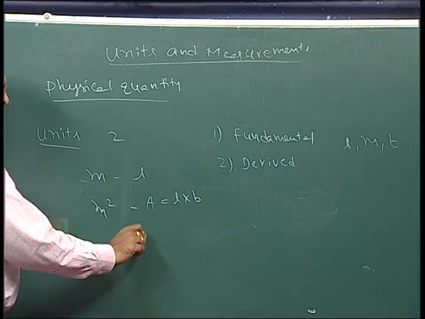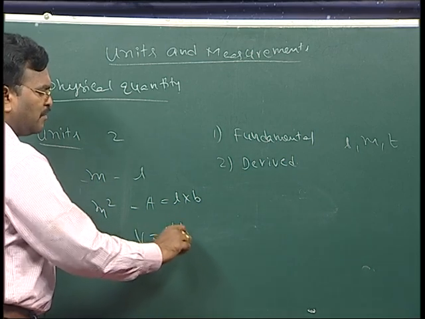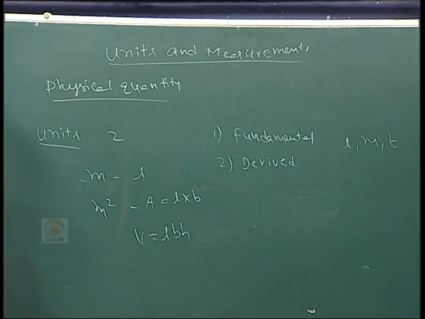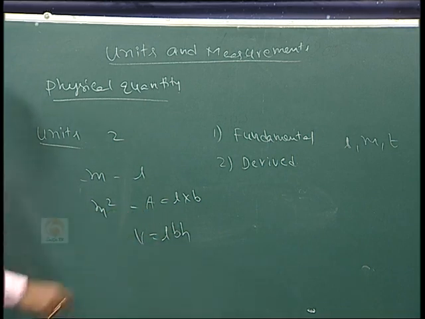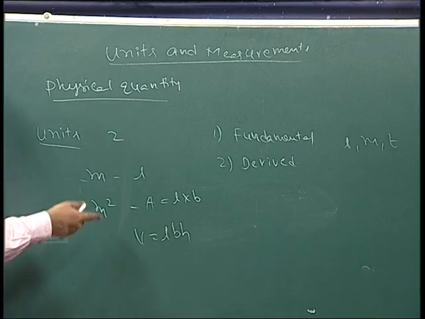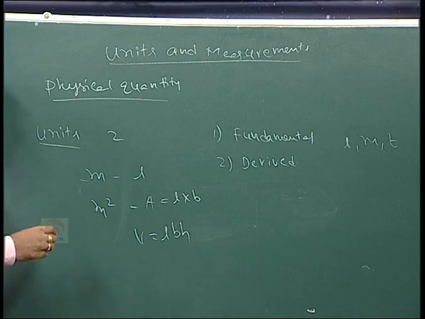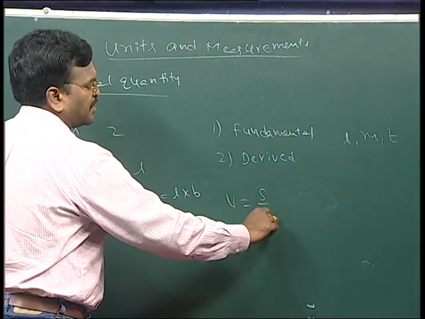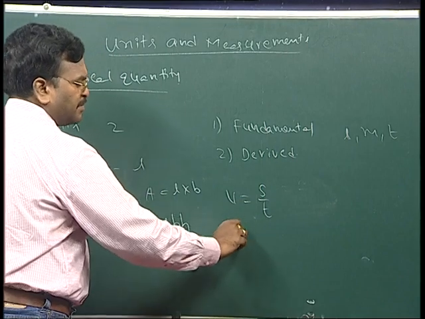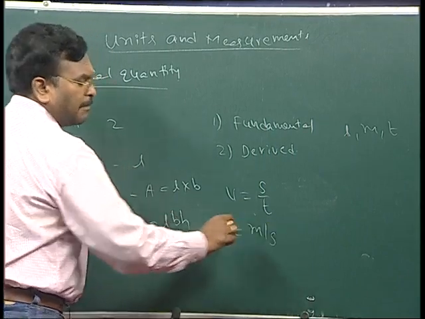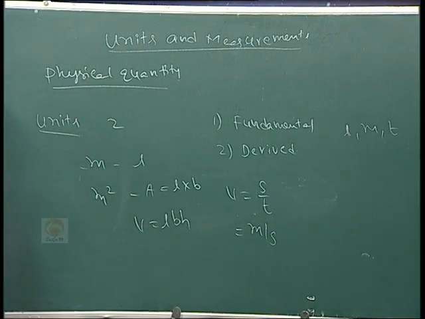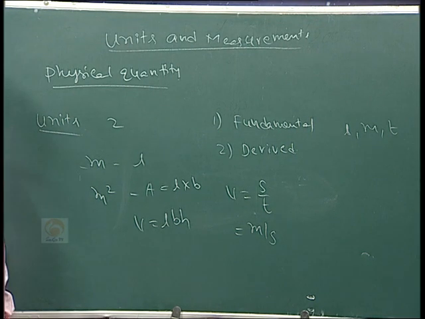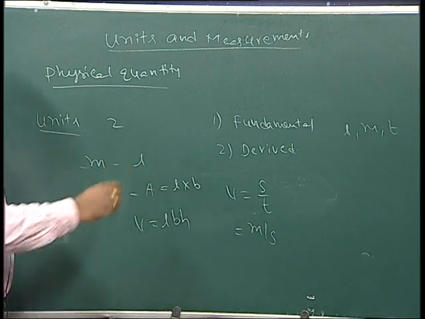Volume is equal to length into breadth into height. The unit of volume is meter cube, which is used to measure volume. Speed is distance by time, so the unit is meter per second. Meter is a fundamental unit, and meter per second is a derived unit.